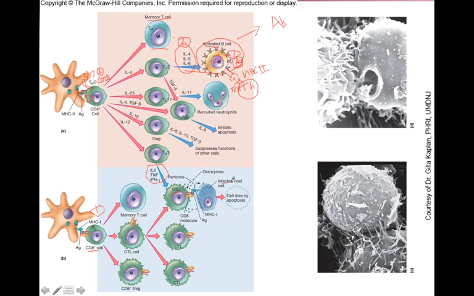So they can find infected cells, and how they find them is they recognize the same antigen that they were presented over here that's being presented on MHC class 1 on that infected cell.